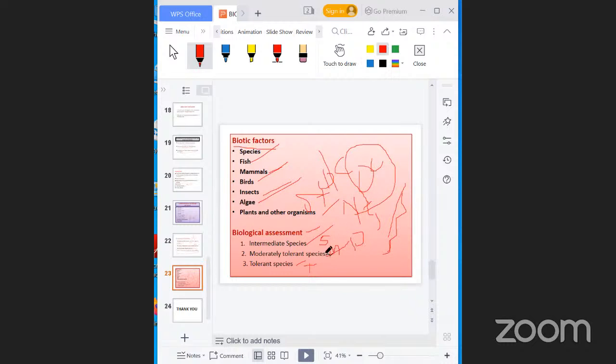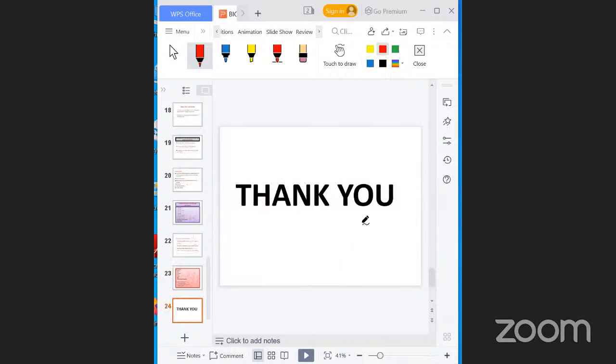We also got to know about the biological indicators and the stress responses in the biotic assessment, like how the species can be identified and how we can indicate their general sensitivity to stress and how they can tolerate the pollution, right? So these are some ways how we can analyze impact assessment in various habitats.